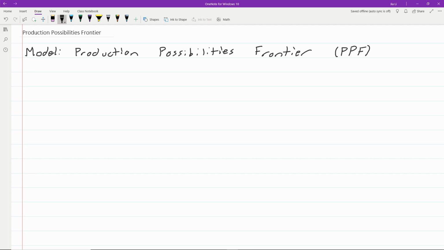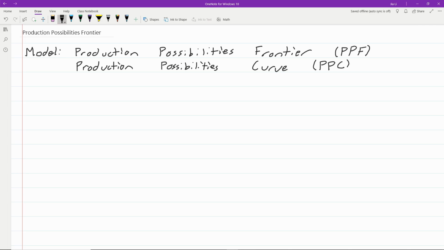If you have taken an economics class before this one, you might have learned this model, but under a different name called the production possibilities curve instead, or PPC. It's just different terminology for the same thing.